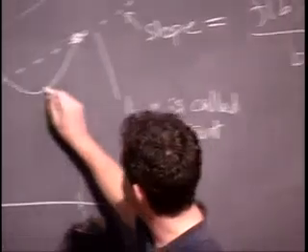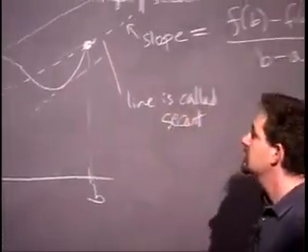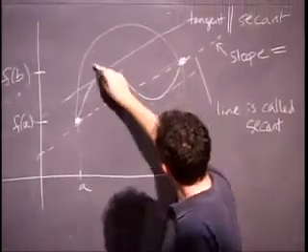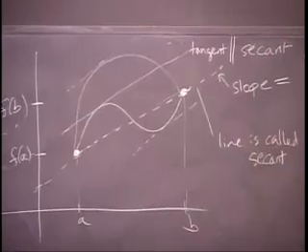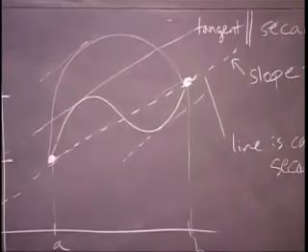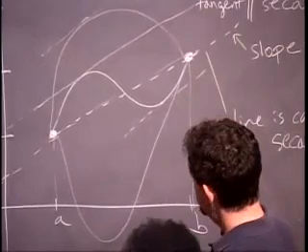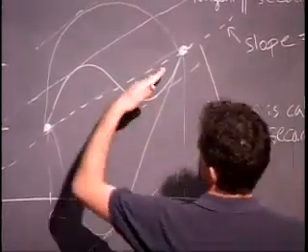So there's at least one place. Actually, in this picture, there are two. But if the curve had instead gone up and down like that, there would only be one. But there can't be zero. It has to be at least somewhere. Even if the curve does this, there's going to be some point down here whose tangent is parallel.